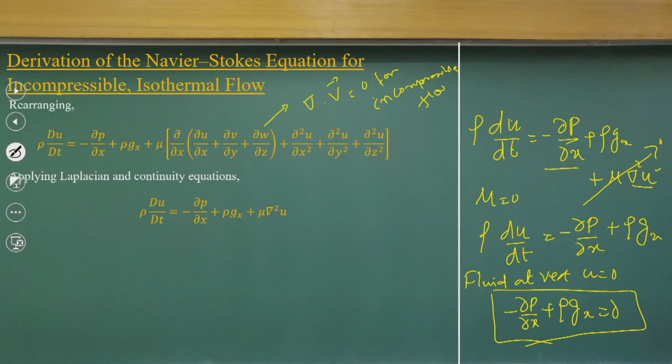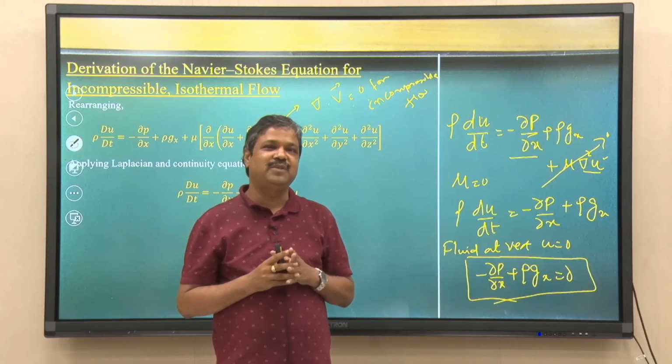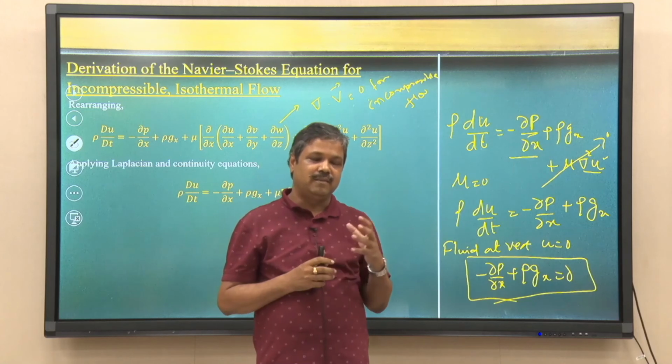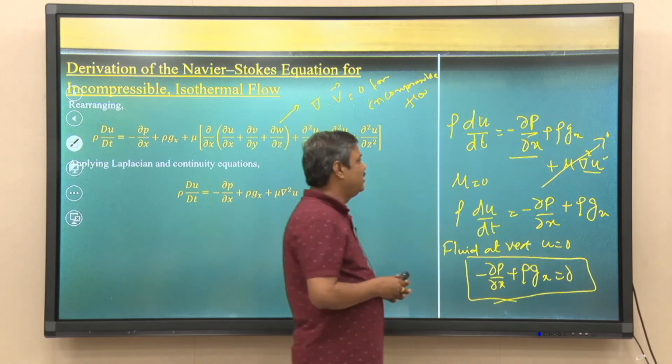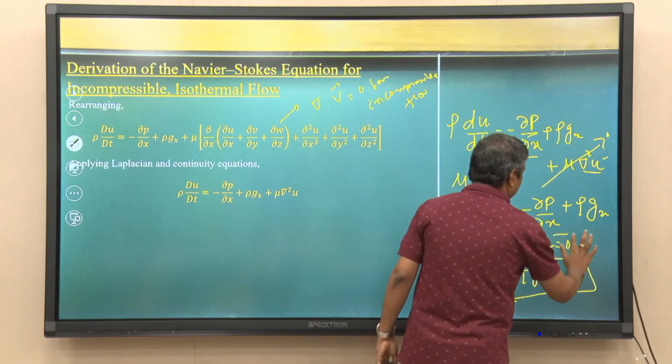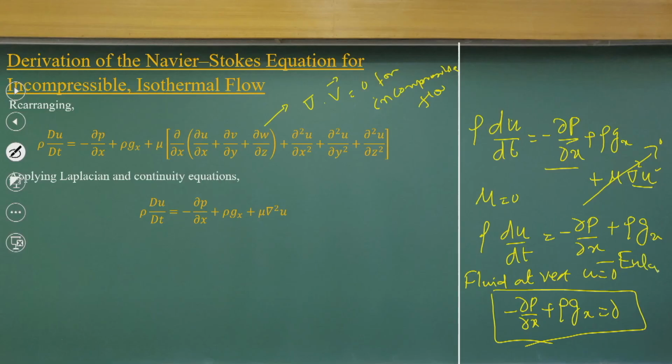So, if you look at that, the Navier-Stokes equations that we have derived, if we simplify them, we will get different forms, Euler, or we can get the basic hydrostatic equations.